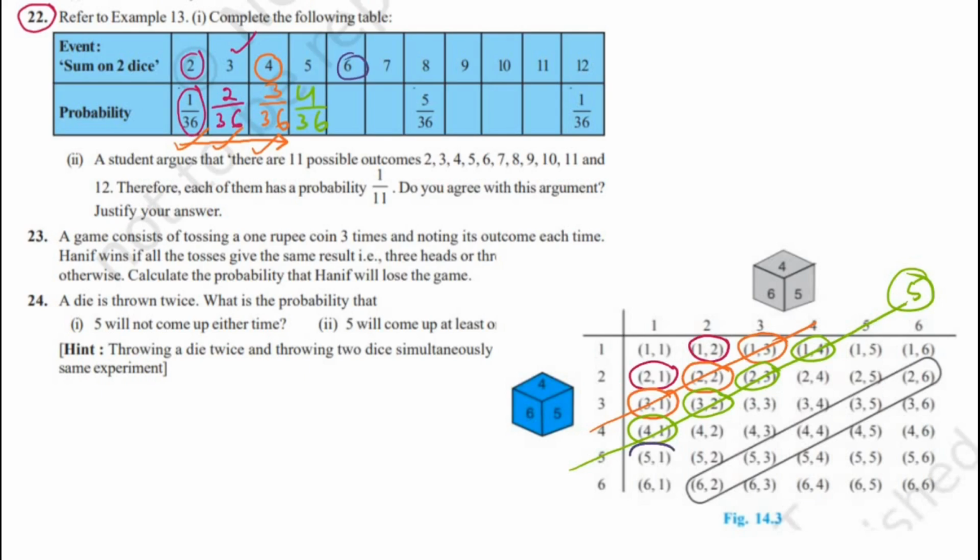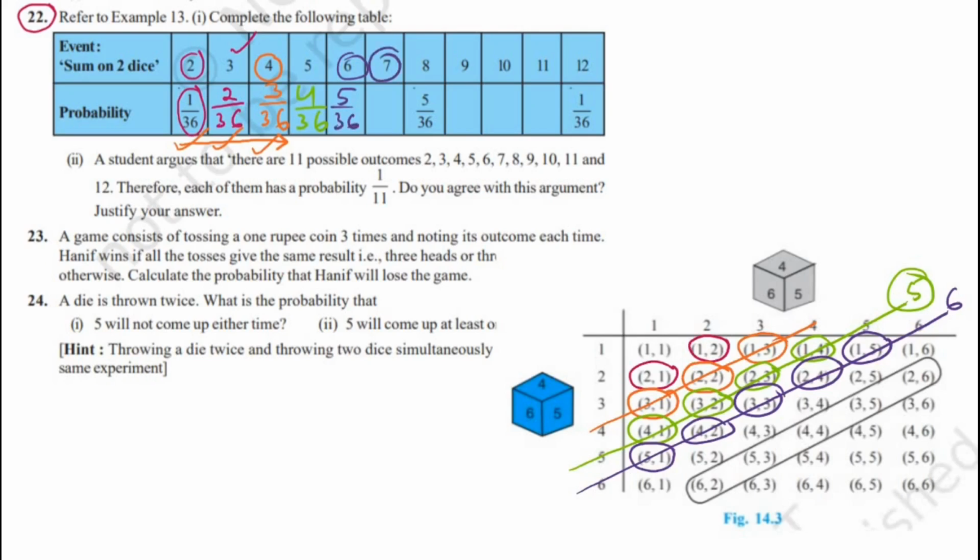I'm encircling again for 6, that is 5 1, 4 2, 3 3, 2 4, 1 5. This set of numbers when we sum we get 6. And how many are these? 1 2 3 4 5. So on the 2 dice, the sum of numbers 6 is 5 out of 36.